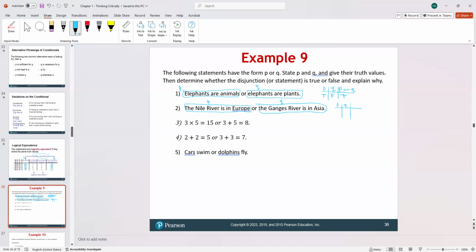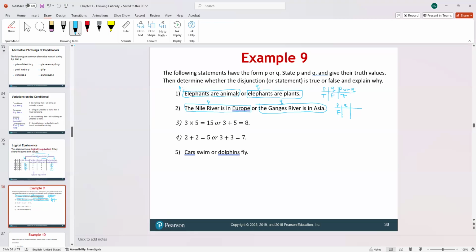Everyone knows it is located in the northern hemisphere, northeastern Africa. So it's really not in Europe. We know the Nile River is not in Europe, so that's totally false.